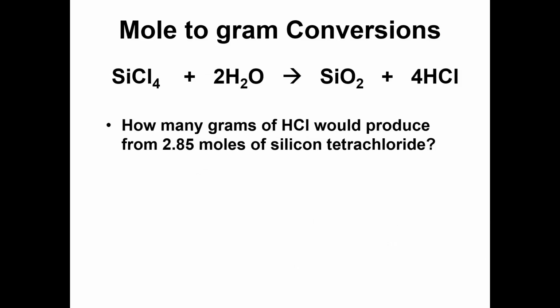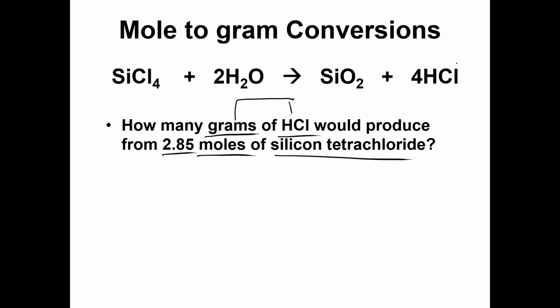And now, as I hinted, if I change the unit, now I don't have moles to moles, I have how many grams of HCl would be produced from 2.85 moles of silicon tetrachloride. So now that changes the game a little bit. If we remember, we did that conversion earlier: if I have grams, I have to go from grams of HCl to moles of HCl, and once I'm at moles of HCl, I can do the mole to mole conversion, right? So I know the conversion factor.